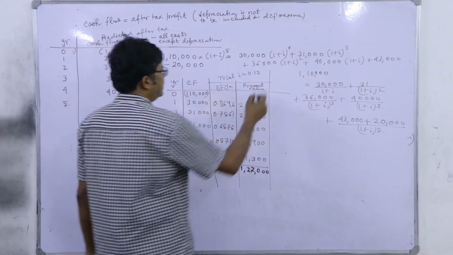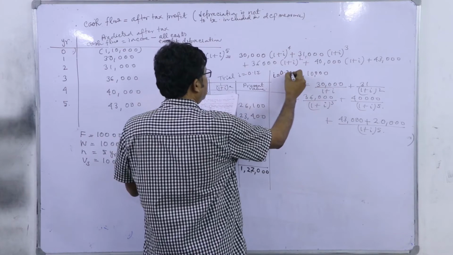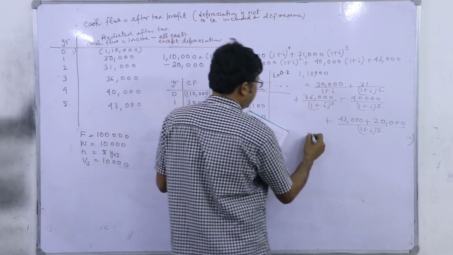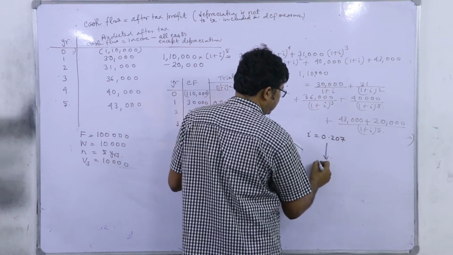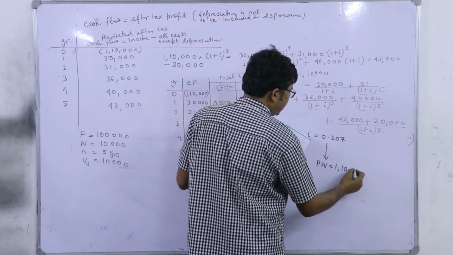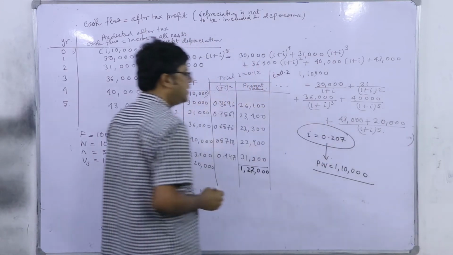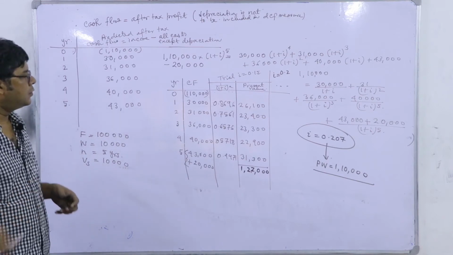So, we will go for another trial with I is equal to 0.2, and in this way we will continue, and finally, if we do it for I is equal to 0.207, the present worth is exactly 1,10,000. So, my answer of this discounted cash flow will be I is equal to 0.207.